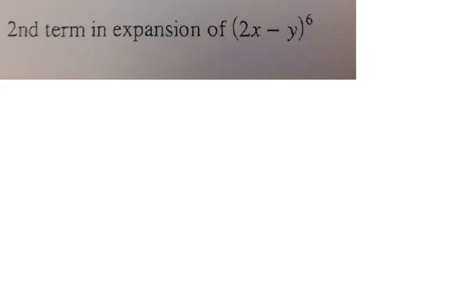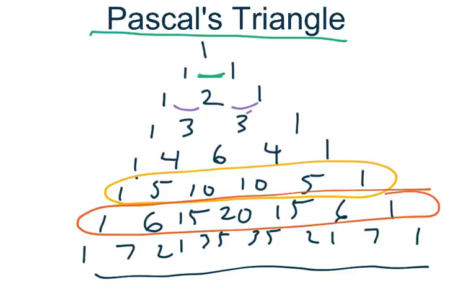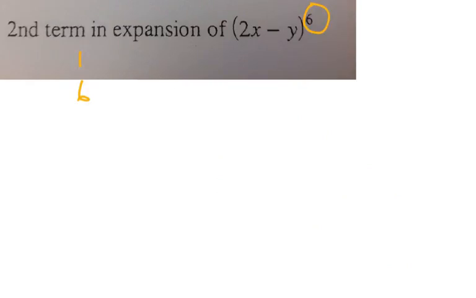Okay, hopefully we can pick the pace up here. Notice the second one here wants a power of 6 on the expansion, right? So, I know it goes 1, 6. Now we're going to use, of course, the row with the 6 in it. So we want 1, 6, then 15, 20, 15, 6, and 1.